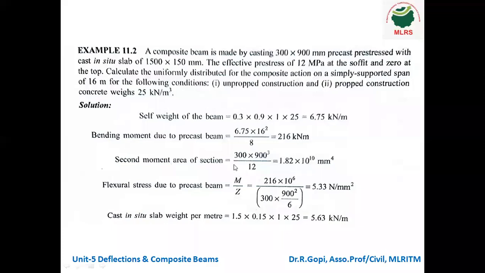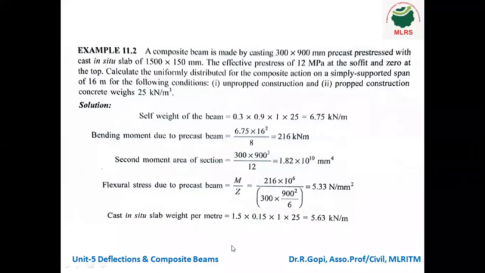So a composite beam is made by casting a 300 mm into 900 mm precast prestressed beam with a cast in situ slab of 1500 into 150 mm.